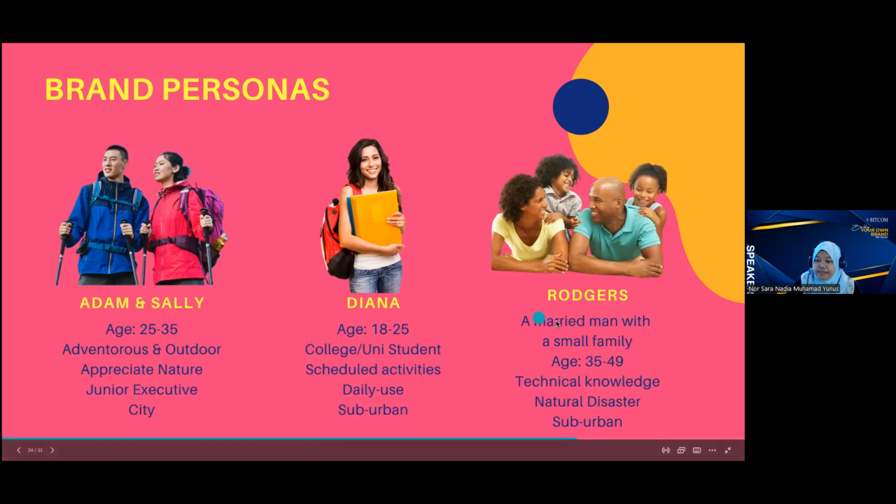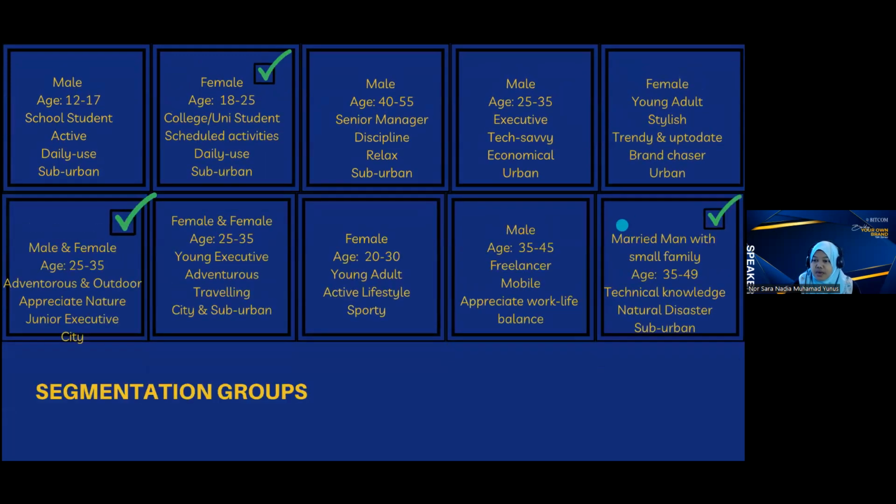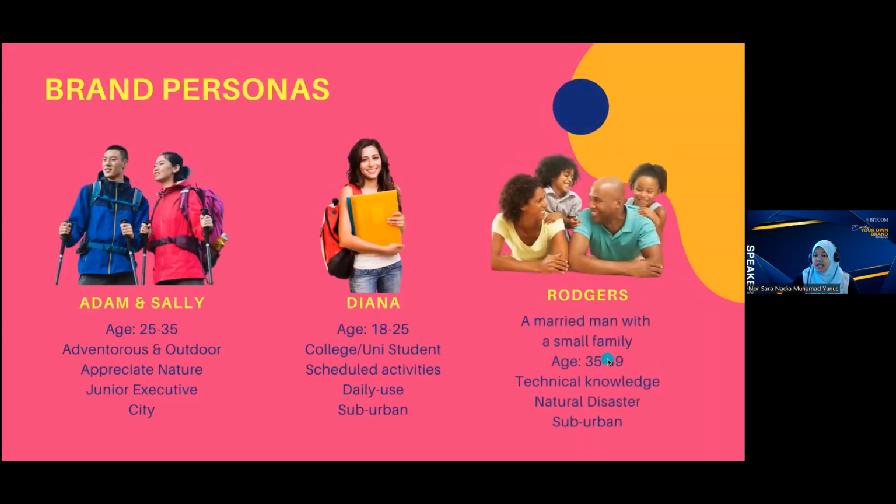The third group is Rogers. Okay, who is Rogers? Rogers ni siapa? Rogers is our third one, as what we outlined here. Rogers is a married man with a small family. So saya letaklah gambar 2 orang je anak kat situ. Dia tak boleh 8 lah, because it is not suitable with our product that we offer, kan. So Rogers is a married man with a small family, age 35 to 49. And this group of people represented by Rogers possess technical knowledge. Technical knowledge sebab apa?